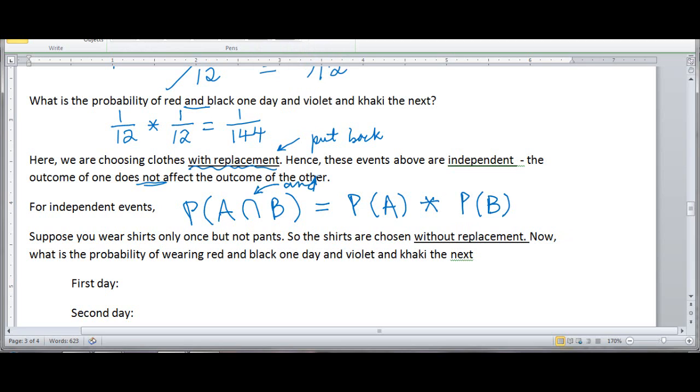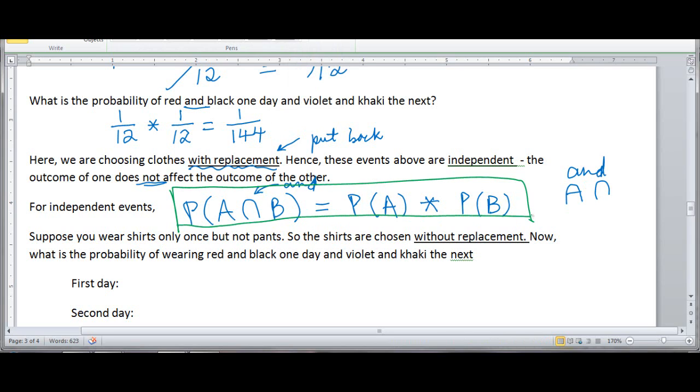You can remember and, it's like an A without the bar. So this is the rule for independent events.